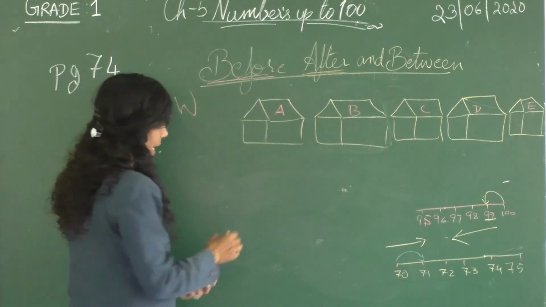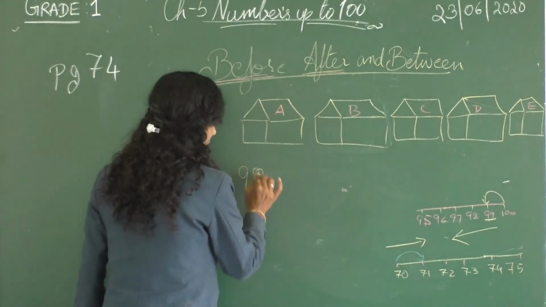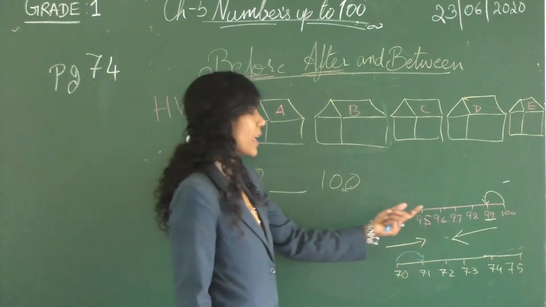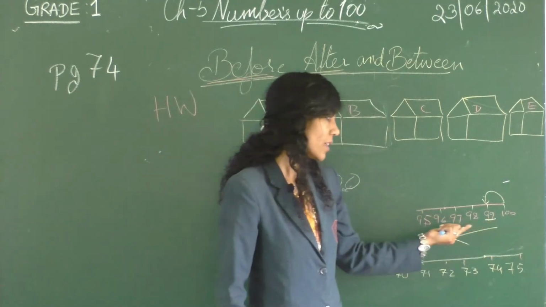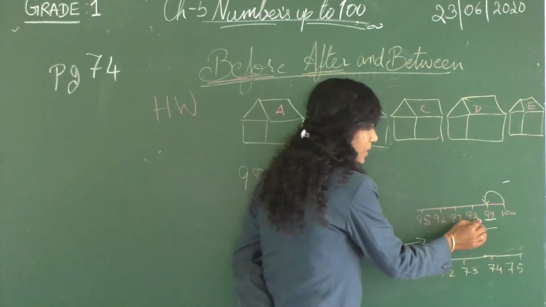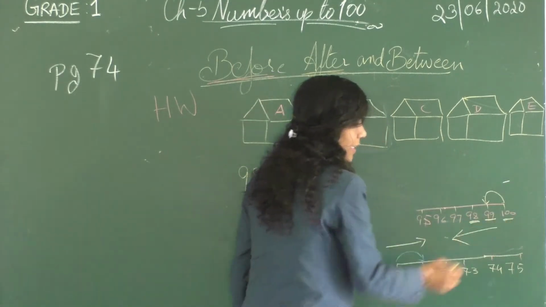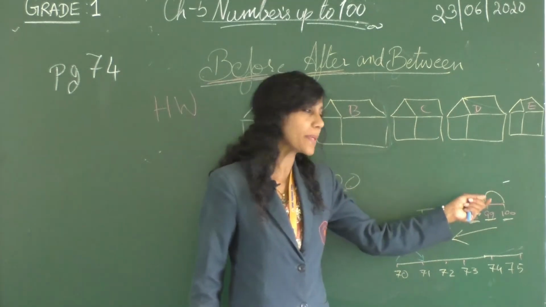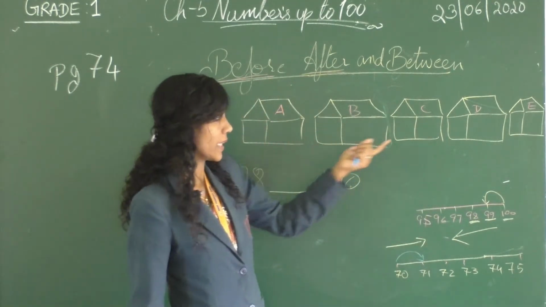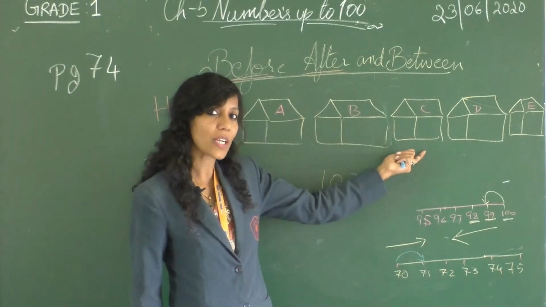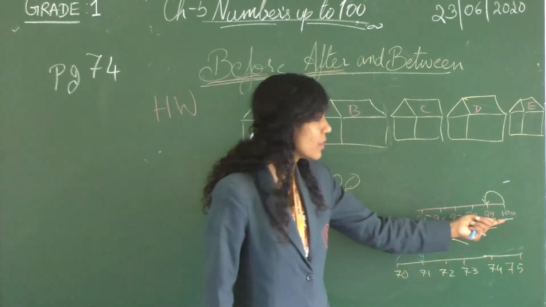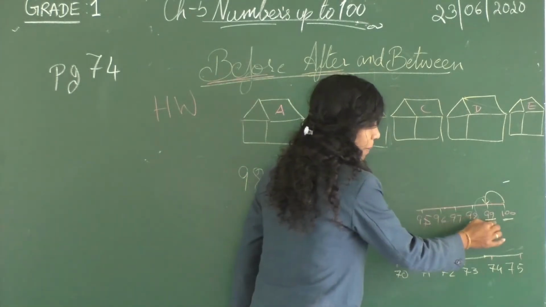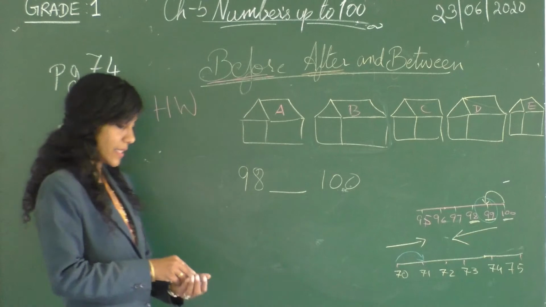The first question they have asked is 98 dash 100. Checking your number line, 100 is here, you have 98. You have those two numbers. The number which comes in between B and D: the house which comes between is C. So for 98 and 100, the number which comes between is 99.